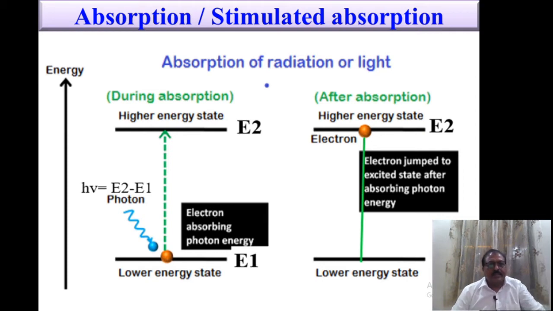In this diagram, an atom in general remains in the lower energy state. When an atom is imparted some energy from outside, it may get excited to the upper energy state by absorbing the photons.